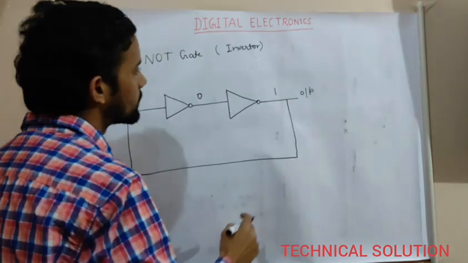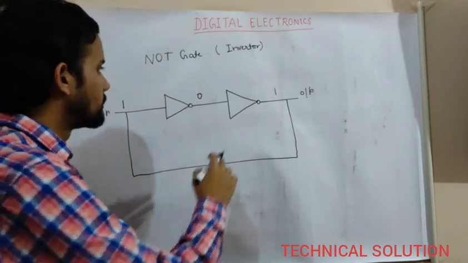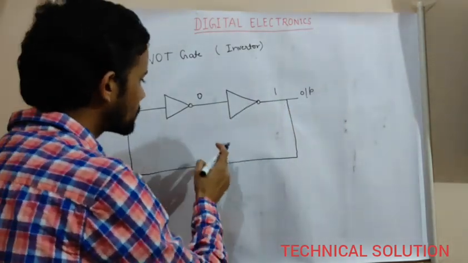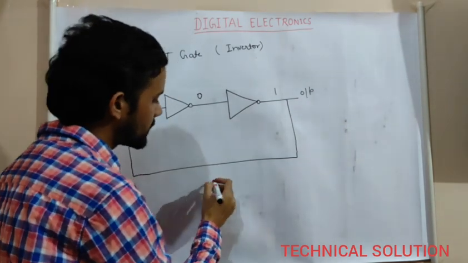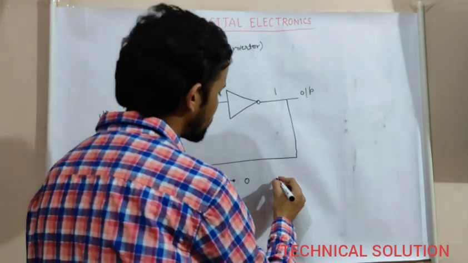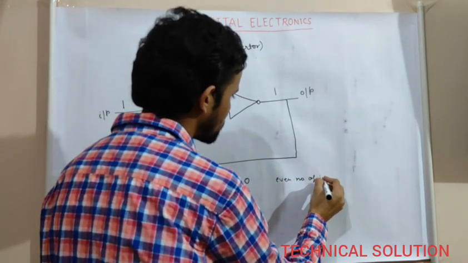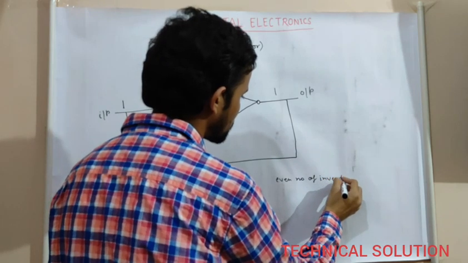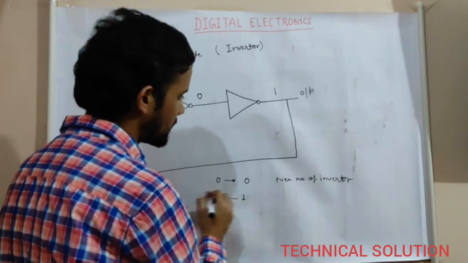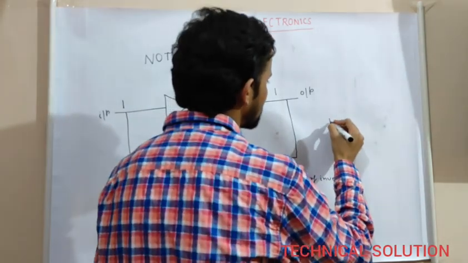That means it is in a stable state, and there is no output change. That means in this circuit, if we get 0, then we get output 0, if there is an even number of inverters, and if we get 1, then we get 1 as the output. Therefore, this circuit is known as a bistable circuit.